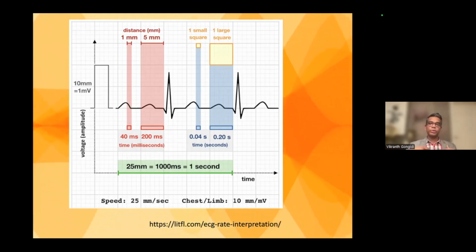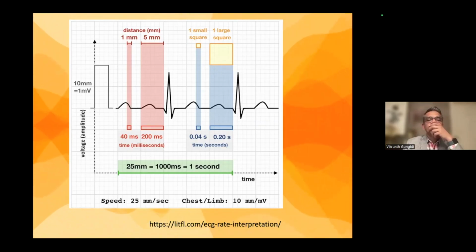V1 and V2, remember, are the closest to the atria. They're at the top, and that's how you can easily identify a P wave. It's down in V1, and sometimes it'll be upright in V2, and in the inferior leads, it should be upright. Lead 2 is usually one of the best ones to identify the P wave.